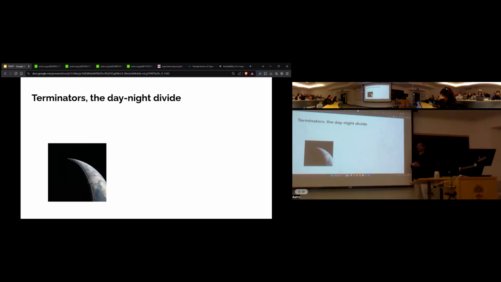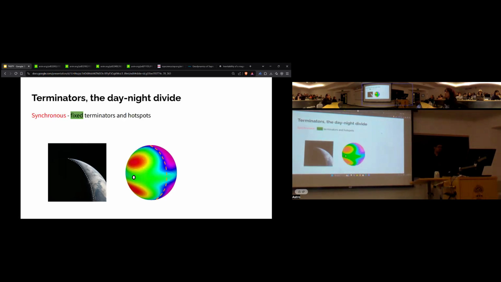Now we will go on towards some thoughts about the habitability of these planets. So the terminator is the line which separates the day side from the night side. For a synchronous planet, the terminator is fixed because the day side is always being irradiated, the night side is not.